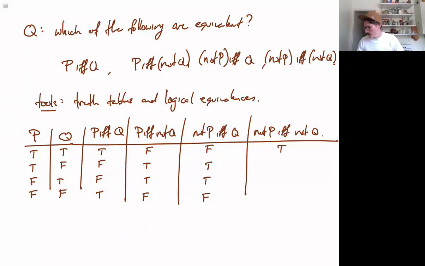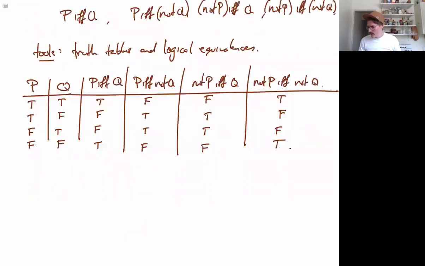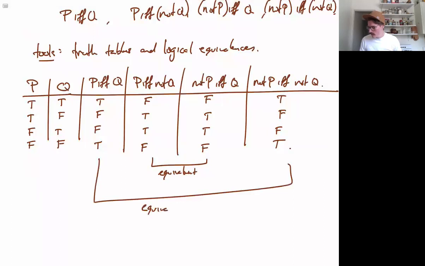So it should be true, false, false, true. So the result is that these two are equivalent because we have written them in a truth table and they have exactly the same truth values at every step. And these two are equivalent for the same reason. And the relation between these two pairs is that they are the negation of each other.